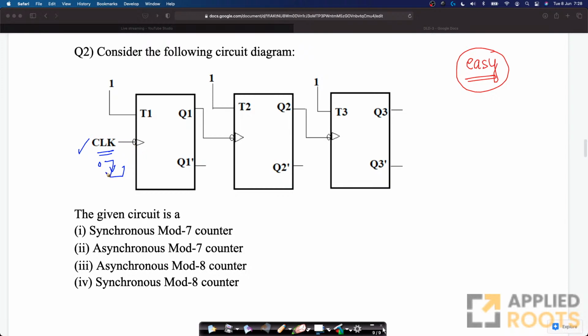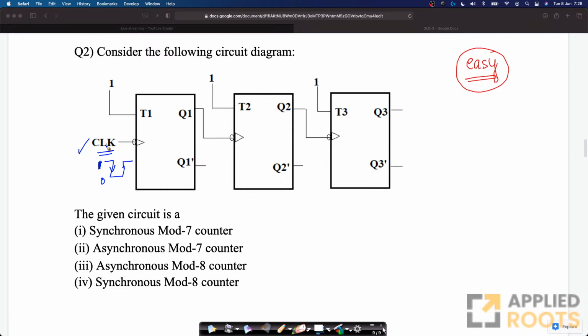So this is negative edge triggered. When you're going down from 1 to 0, this will trigger, right? So this is a standard negative edge triggered clock.